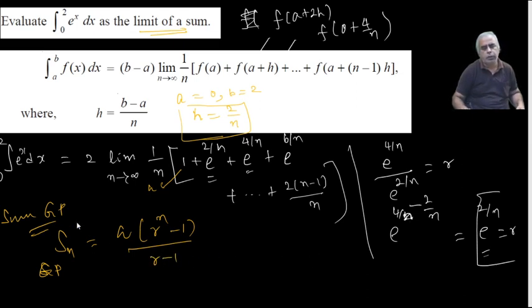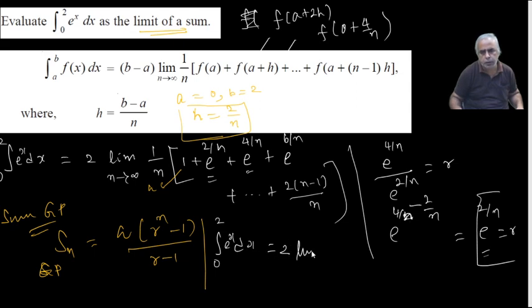Okay, so this is the formula. Now we can substitute. So Sn in this case, the integral from 0 to 2 of e power x dx, that is equal to 2 into then limit. And what is the equation for this?